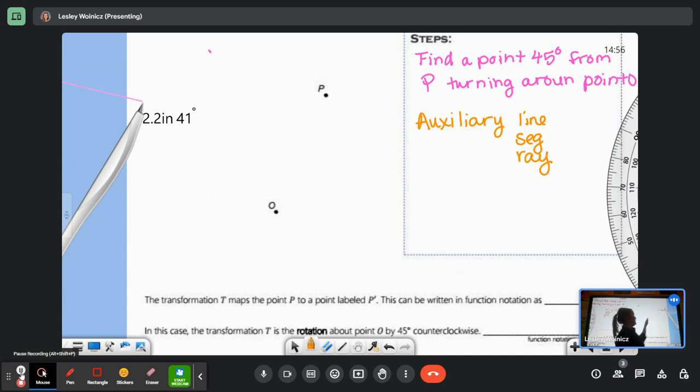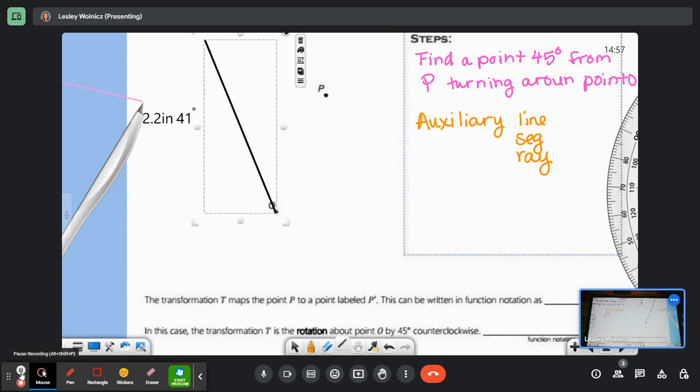But we just need something straight to connect O and that little point that we made. So go ahead and use the straight side of your protractor as your straight edge, and you're connecting O with a little point 45 degrees from P. So this is your auxiliary line.